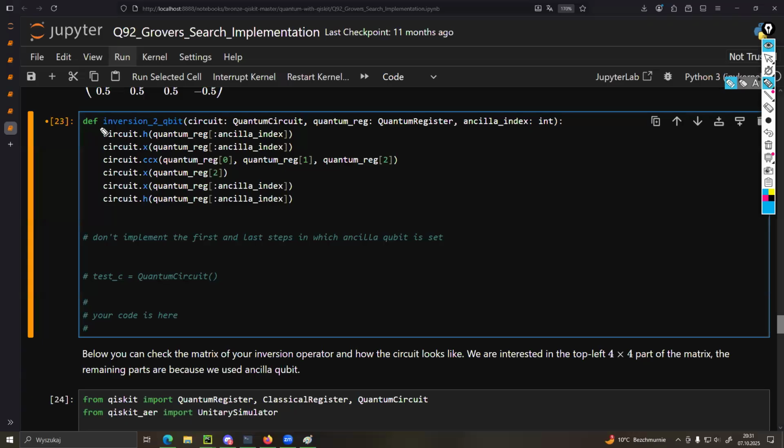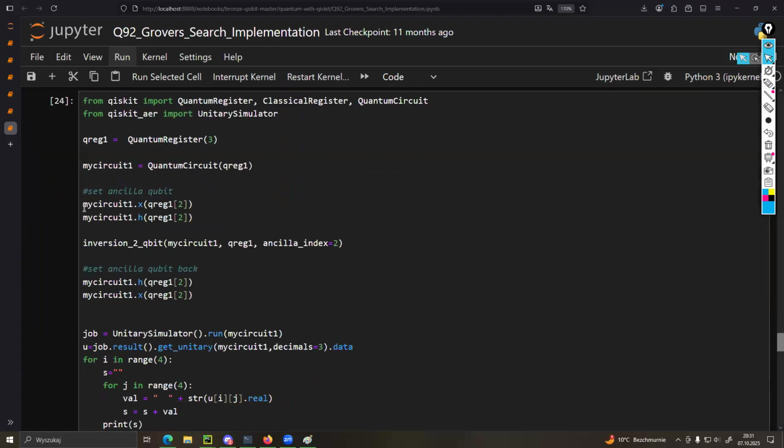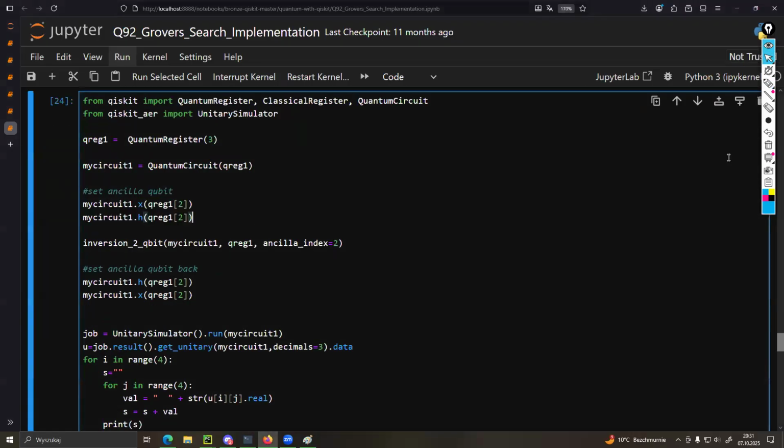So for example, here was our prep, here was our execution, and here was this recovery, right? But I did skip the minus state preparation. So minus state preparation is here. Then we do inversion, and then we go from 0 on the ancilla.